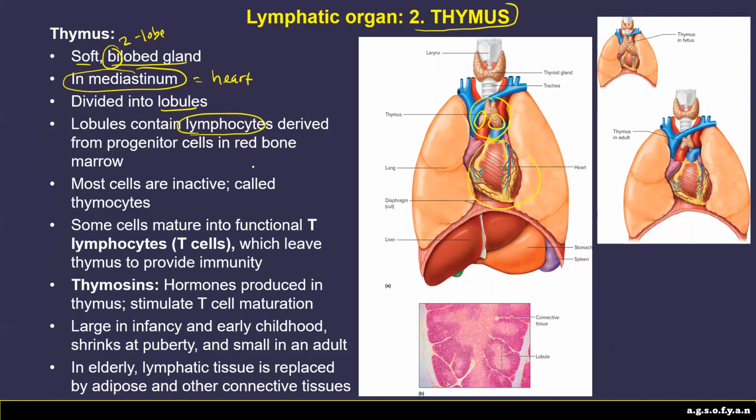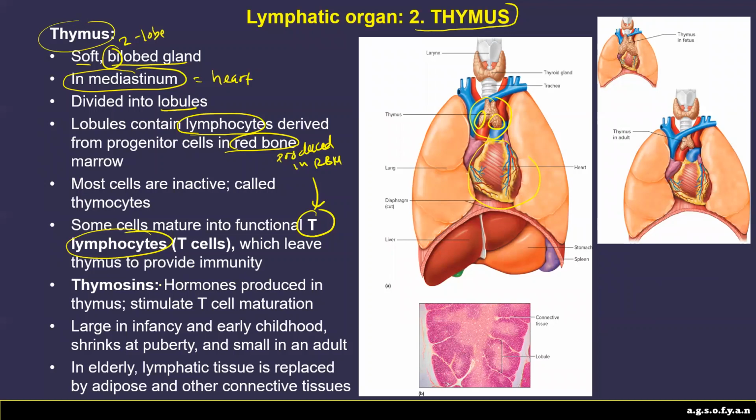Okay, that's derived from the red bone marrow. So the production of these lymphocytes is from the red bone marrow, and some of them will be delivered to this thymus, mostly the T lymphocytes. So the T cell is produced in the red bone marrow, and then it will go to this thymus gland.